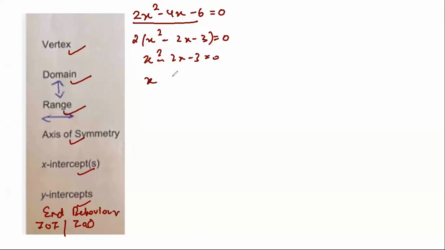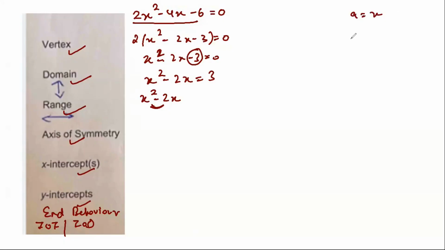Now I will use the completing the square method to make the vertex form. Vertex form is very necessary to find the vertex. I will take this constant value, which does not have any variable, to that side. After that, I will make the identity of a square plus b square minus 2ab. Why the minus 2ab identity? Because I have this term with minus. So what is b square here? a is x here, right?